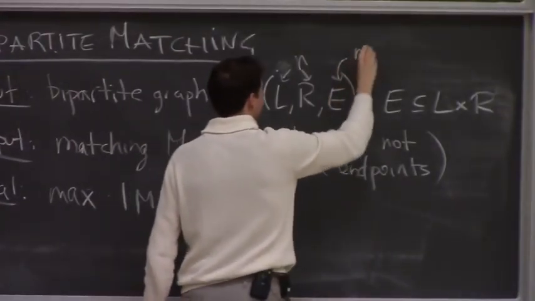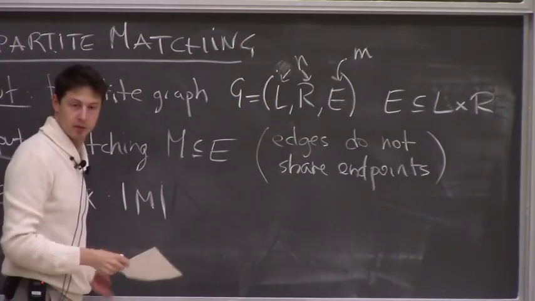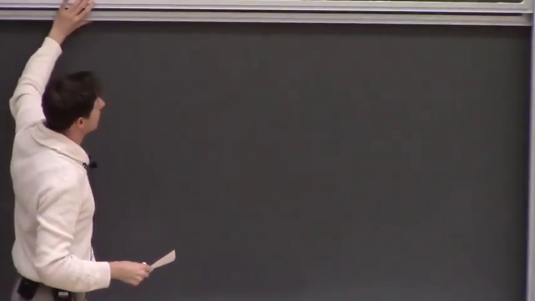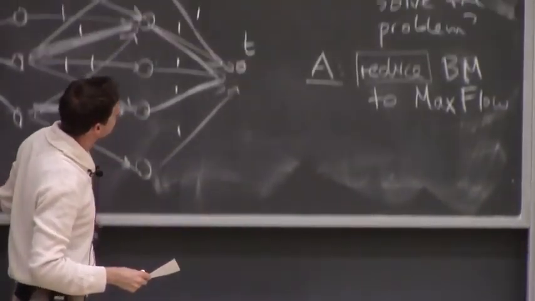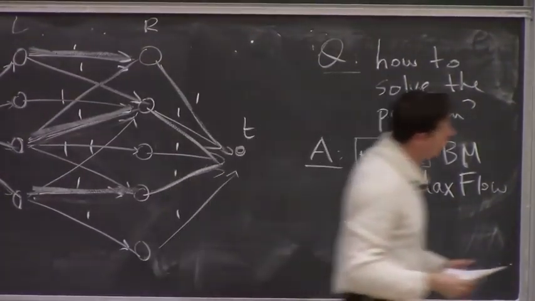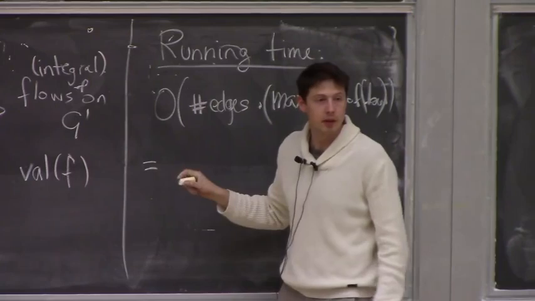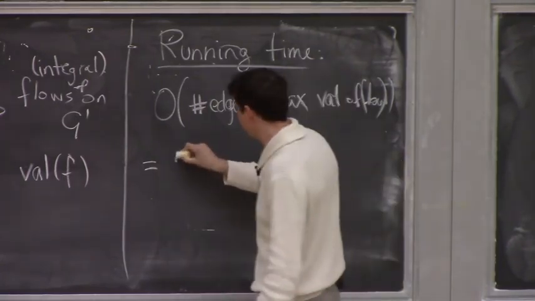And I have m edges to begin with. In terms of those numbers, what is the number of edges now? N plus m, right?